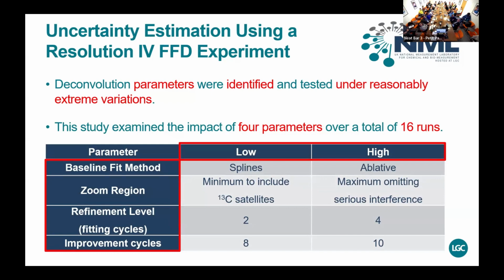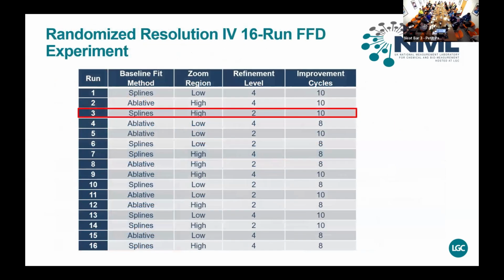We just varied these different parameters for these functions to look at how it would affect the final result. So we had 16 runs on this fractional factorial design that we applied using the different baseline methods and parameter variations.